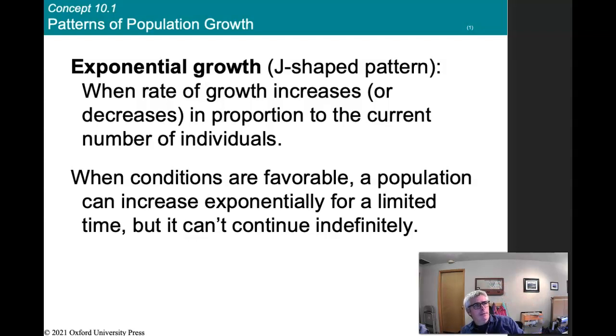You could think of, again, a novel invasive entering an area. They're just going to expand like crazy, but eventually, through food limitation, other density-dependent competition, predation, something will start to become limiting. But early on, we often see that exponential rate of growth.